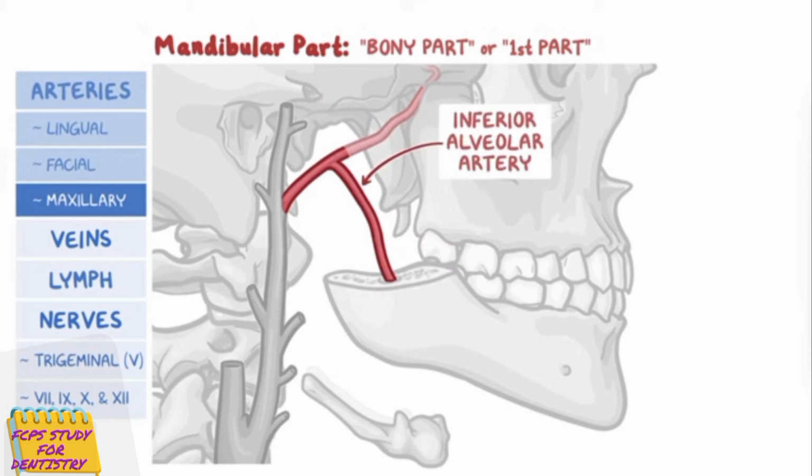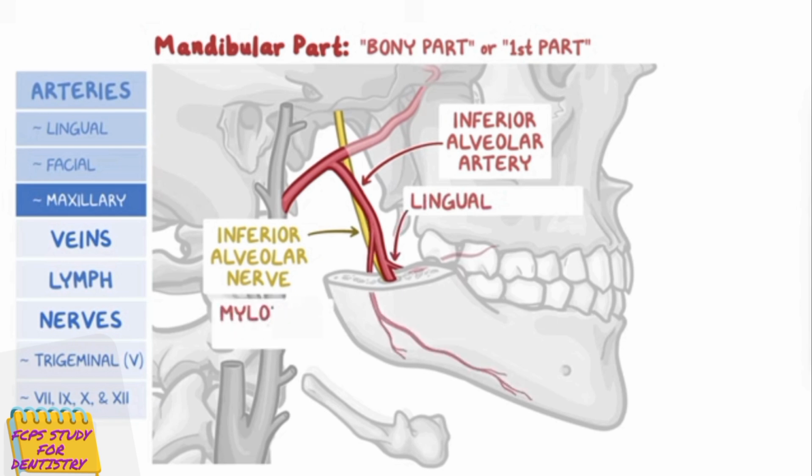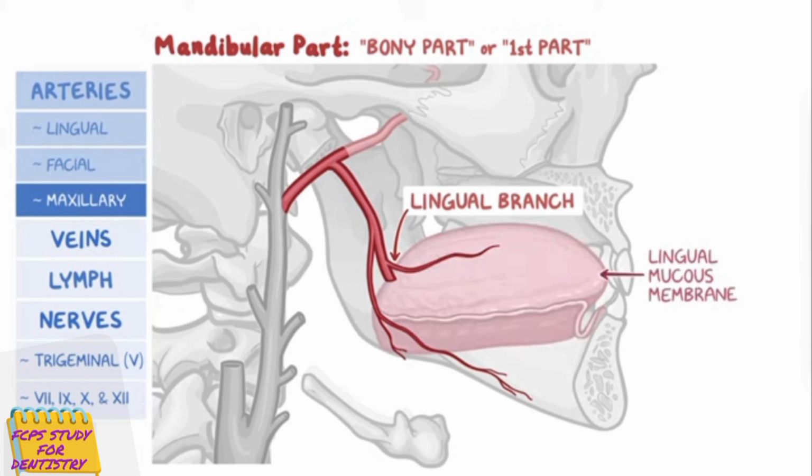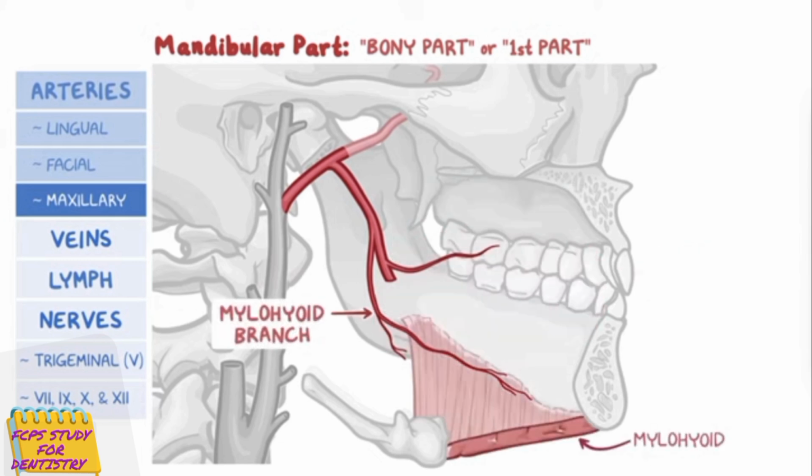The inferior alveolar artery descends inferiorly, following the inferior alveolar nerve, and gives off a lingual and a mylohyoid branch. The small, lingual branch supplies the lingual mucous membrane, while the mylohyoid branch supplies the mylohyoid muscle.